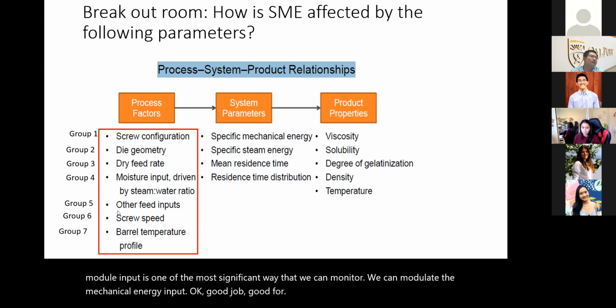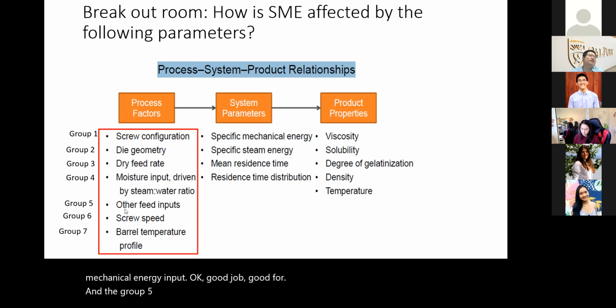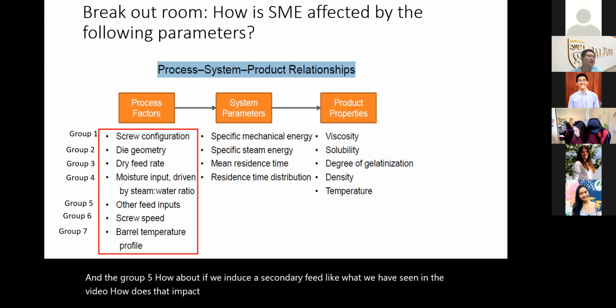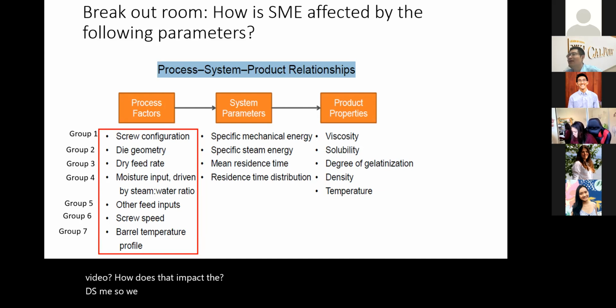And group 5, how about if we induce a secondary feed like what we have seen in the video? How does that impact the SME? So we have Carly, Emmy, and Justin. We thought it could go either way because it depends what you put in.